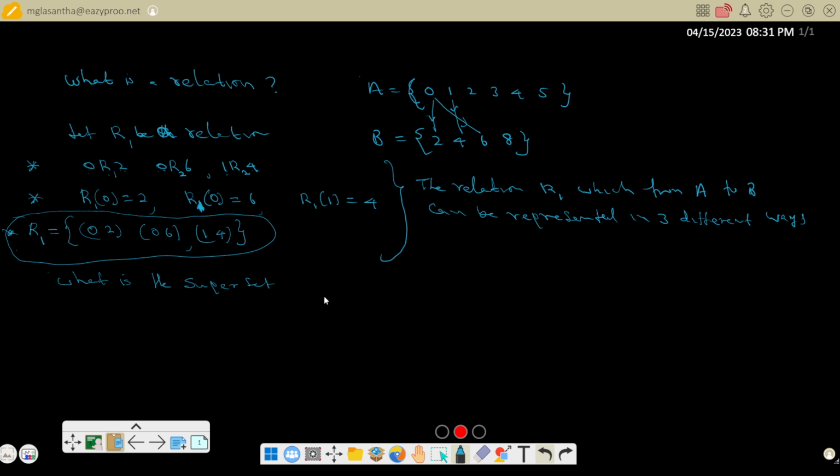What is the superset? Each relation is a subset of it.